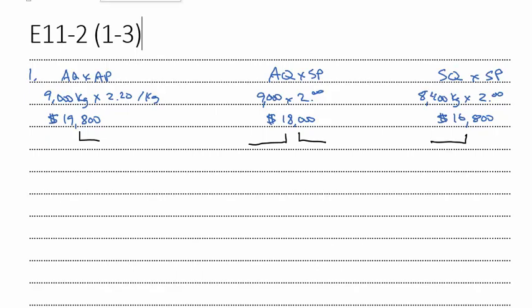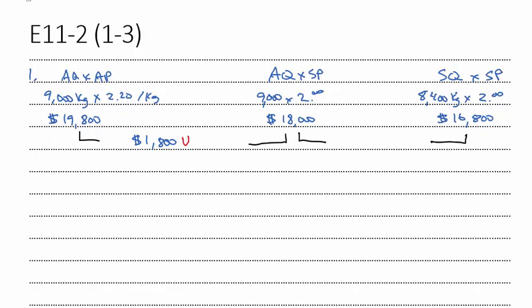So what does that give us? If we look at the price variance, that is a 1,800 unfavorable. You can use your own colors; I'm just putting this in red and black for emphasis.